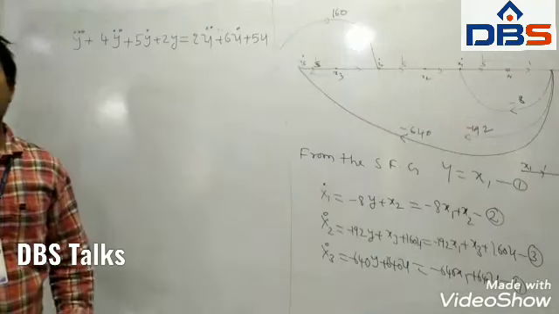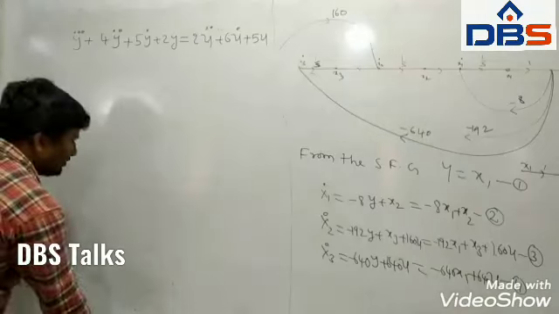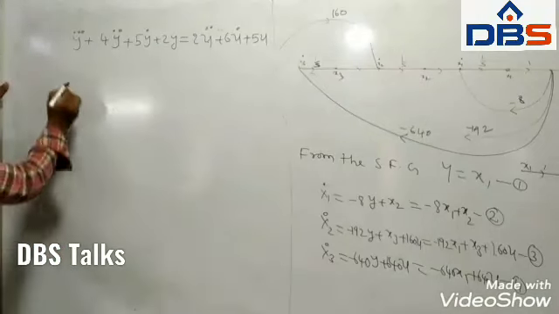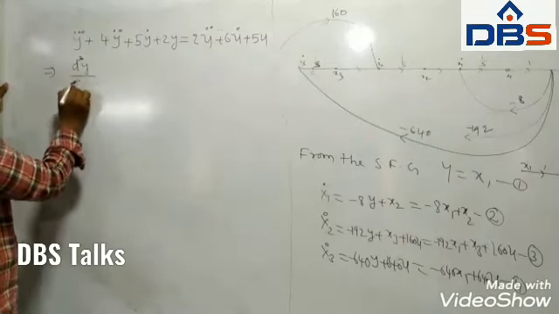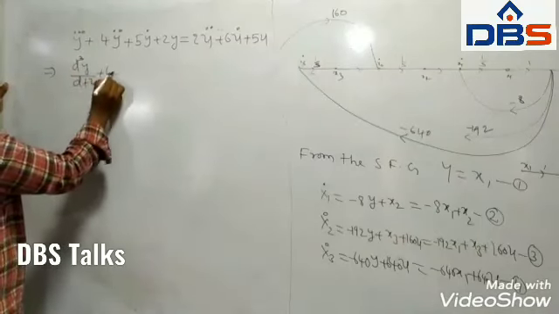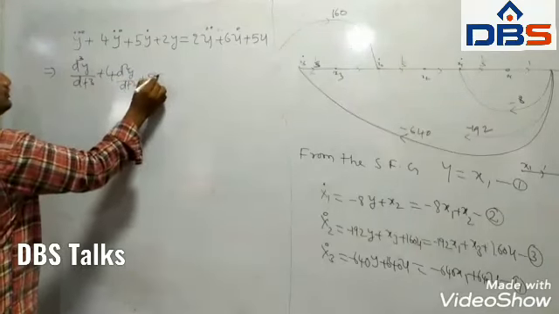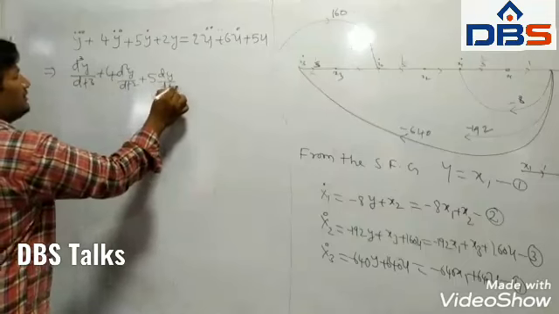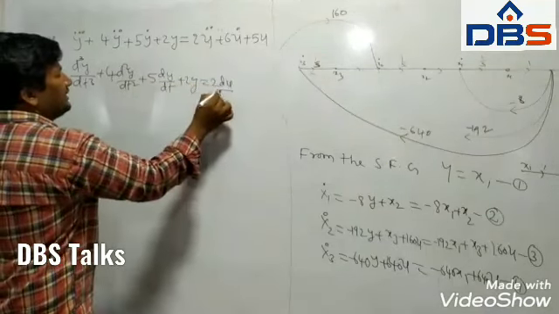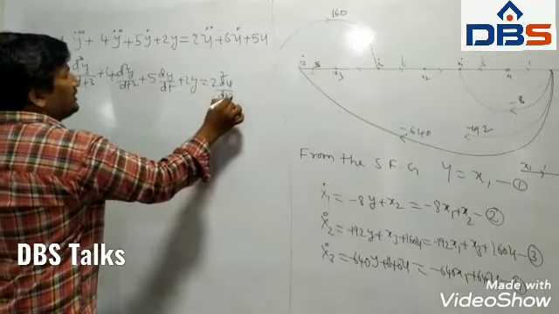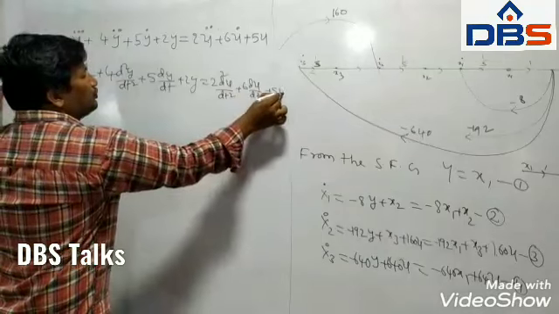Determine the state model of a system. So as usual, we know that the differential equation must be rearranged as d cube y by dt cube plus 4 d square y by dt square plus 5 dy by dt plus 2y equal to 2 d square u by dt square plus 6 du by dt plus 5u.